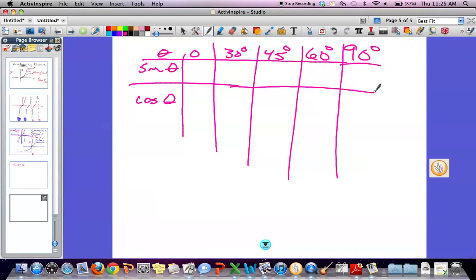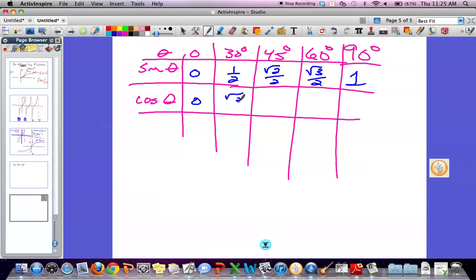I think this is worth our time to do for these two, just to quickly review, I know it was just on the quiz we just did. But it will help us get the tangent. So the sine of 0 is 0, sine of 30 is a half, this one's square root of 2 over 2, this one's square root of 3 over 2, and this one's 1. And the cosine at 0 is 1, and we found out that one's root 3 over 2, that one is the same. We're thinking how we got these was 30, 60, 90 triangles and 45, 45, 90 triangles.